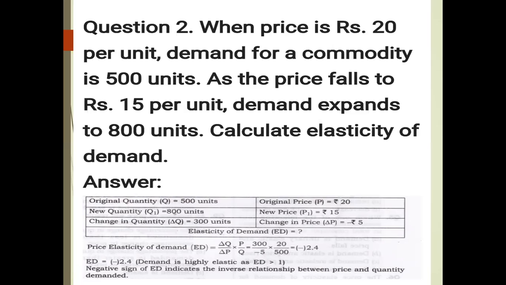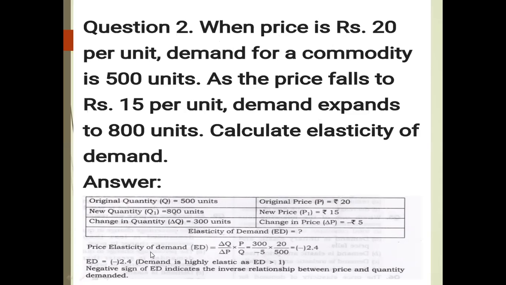So read the question very carefully. Here they are talking about price, and they are not mentioning anywhere the price of A good or B good. So it is simply a question for price elasticity of demand.